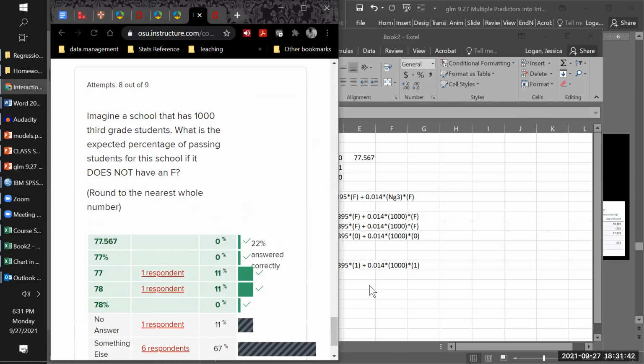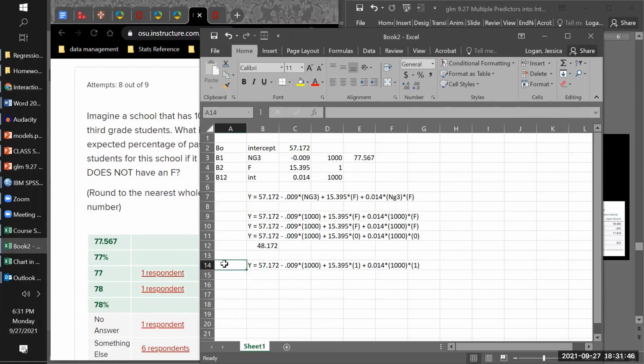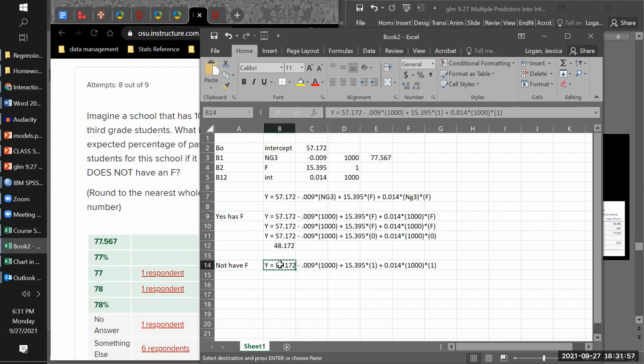The expected percentage of passing students for a school if it does not have an F. Is this, which then, because I've already done all the math and I phrase this with an equal sign, I can hit return and I get 77.